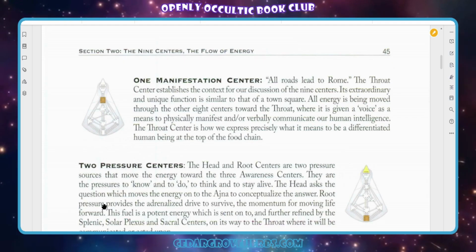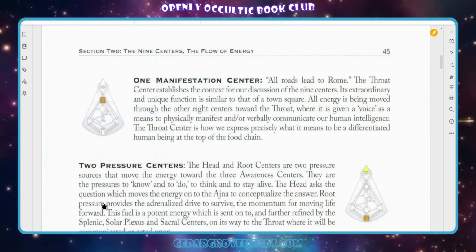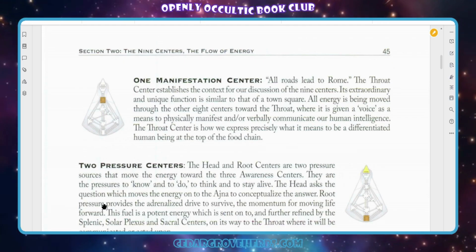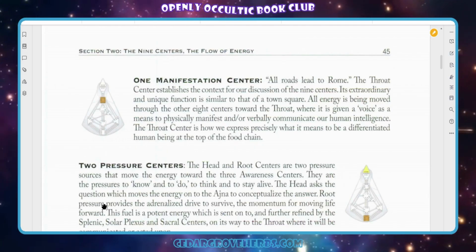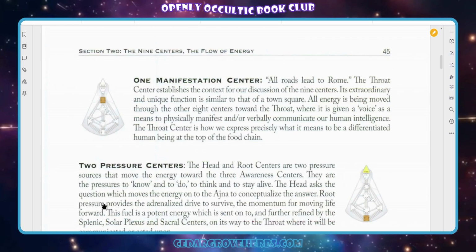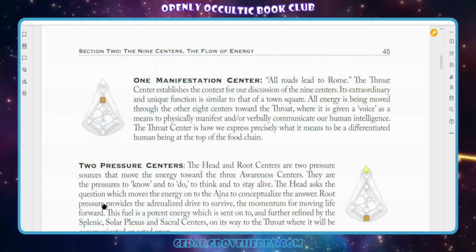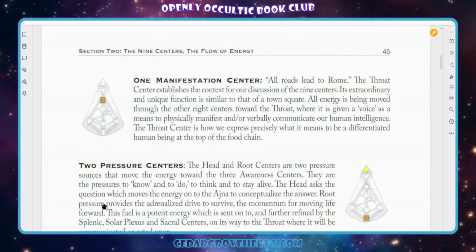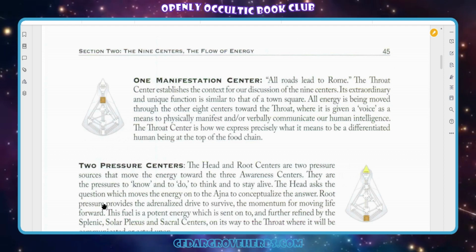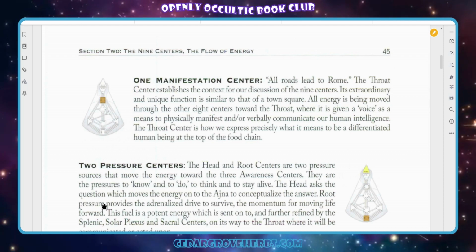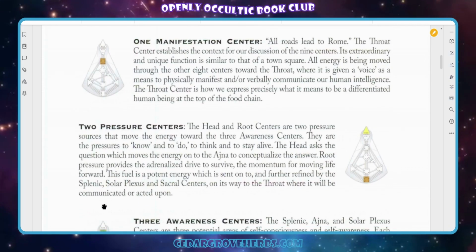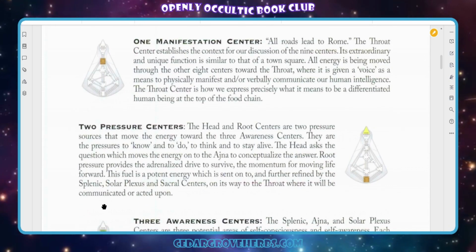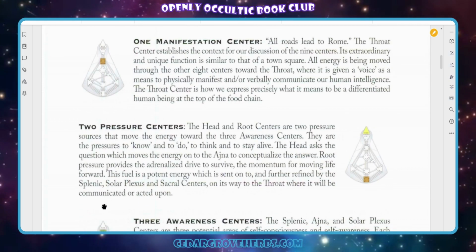All energy is being moved through the other 8 centers towards the throat, where it is given a voice as a means to physically manifest and or verbally communicate our human intelligence. The throat center is how we express precisely what it means to be a differentiated human being at the top of the food chain. So there's 1 manifestation center, the throat.